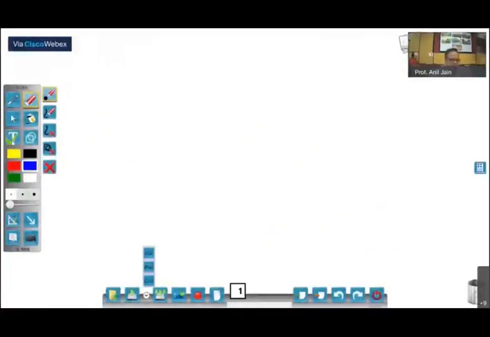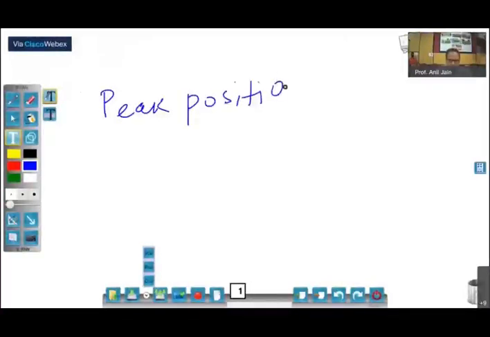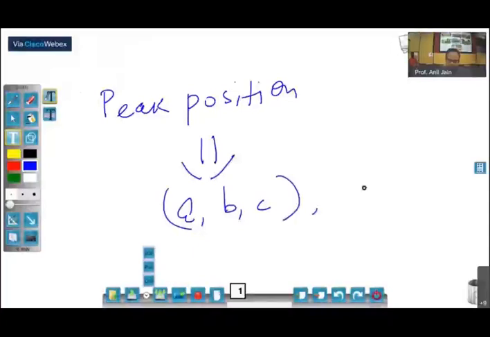This peak position gives the information about the lattice parameters a, b, c, and space group.